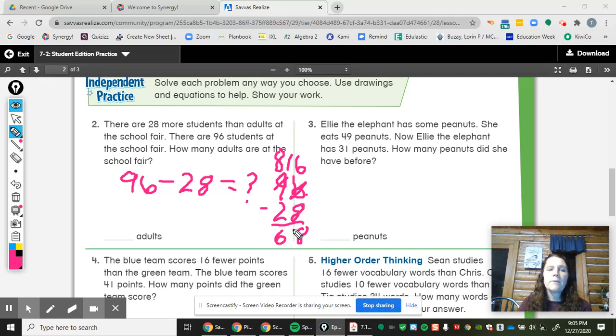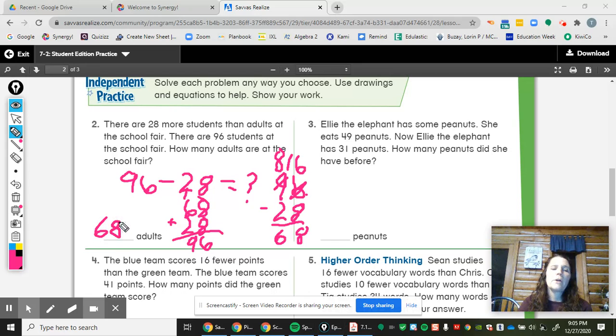And we could flip this around and we could make sure that 68 plus 28 equals 96. 68 plus 28, 8 plus 8 is 16. Put your 1 up here. 1 plus 6 is 7, plus 2, 8, 9. There it is, 96 and 96. So there are a total of 68 adults.